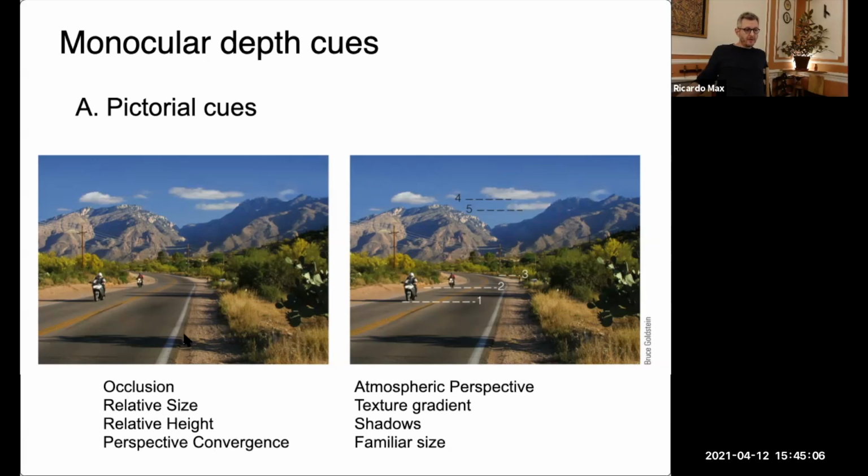Perspective convergence means that from our point of view, two parallel lines get closer and closer, they converge towards the horizon. Atmospheric perspective is the haziness of far away objects, because there is more air between us and the object. Texture gradient we'll see soon.